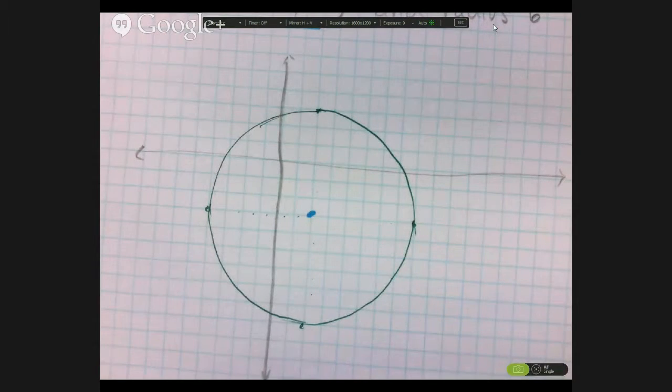Best circle I've ever drawn freehand. We have your circle.